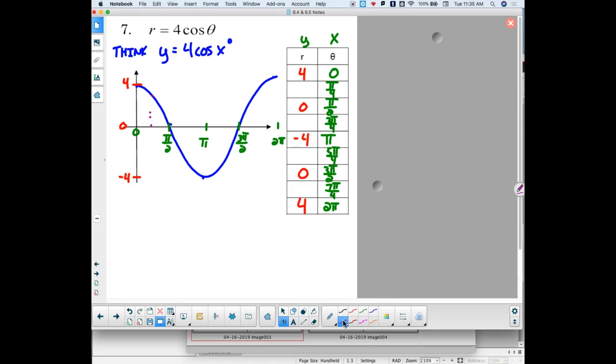Okay. So what is the cosine at pi over 4? It would be 4 times square root 2 over 2, which would be 2 square root 2. At 3 pi over 4, where would I be? -2 square roots of 2.